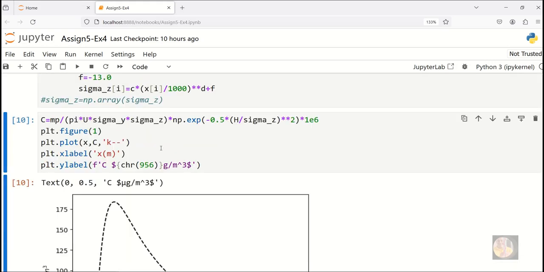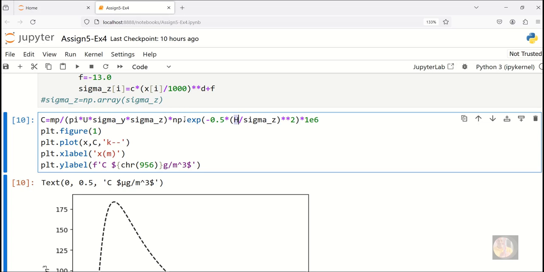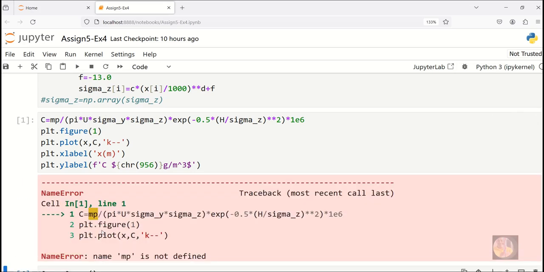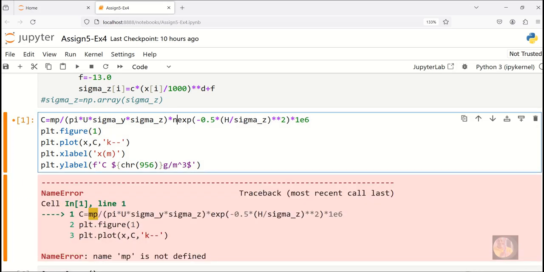So if you keep it, because here you are dividing a real value by sigma Z, okay? If you use exponential like this, you will have an error in your calculation. Why? Simply because you are calculating the exponential of a vector and multiplying this by another vector.